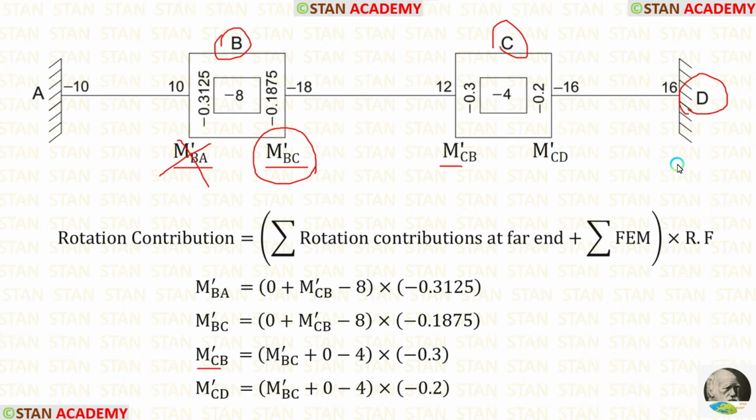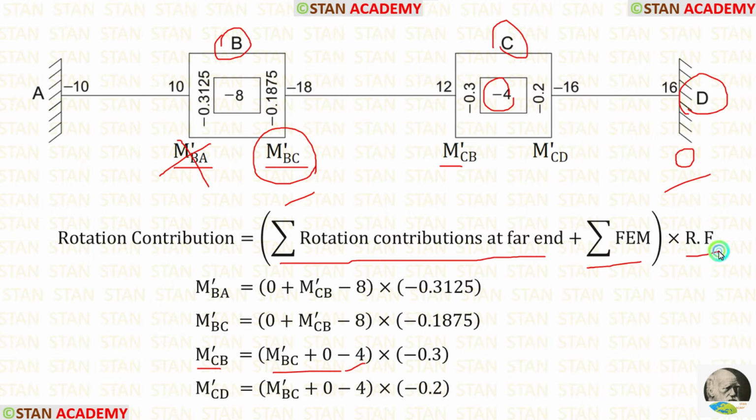In the point D, the rotation contribution is 0 because it is fixed. So, for the summation of rotation contributions at far end, we are having M'BC plus 0. The summation of fixed end moments is -4. The rotation factor for CB is -0.3.